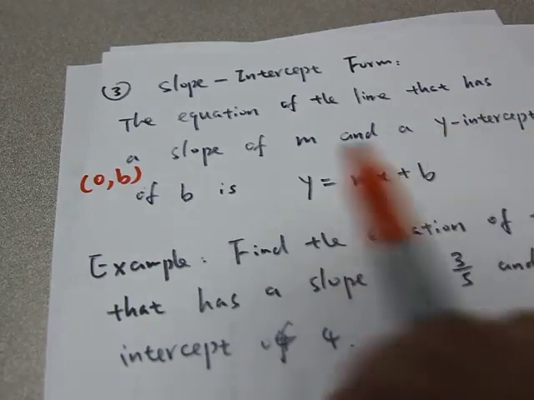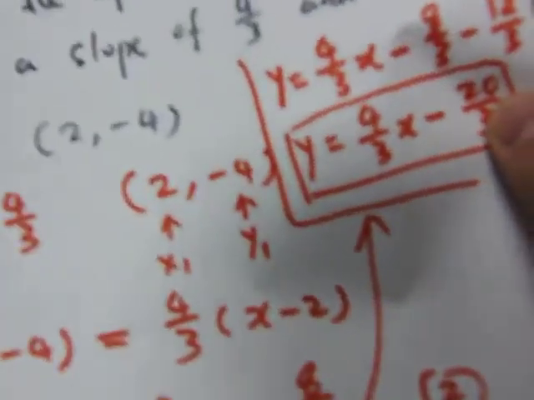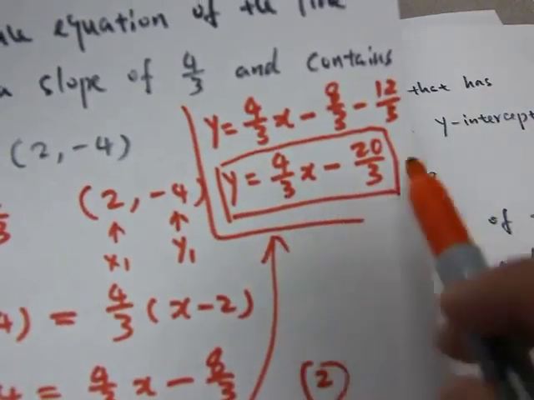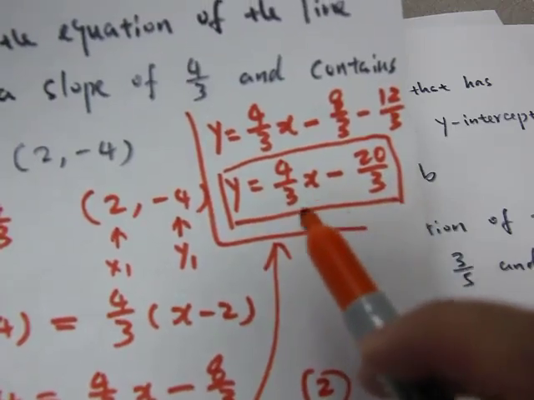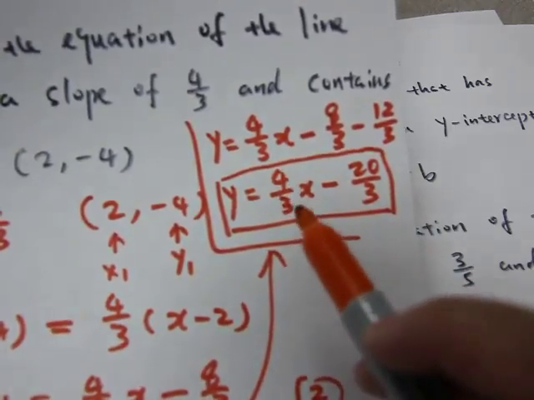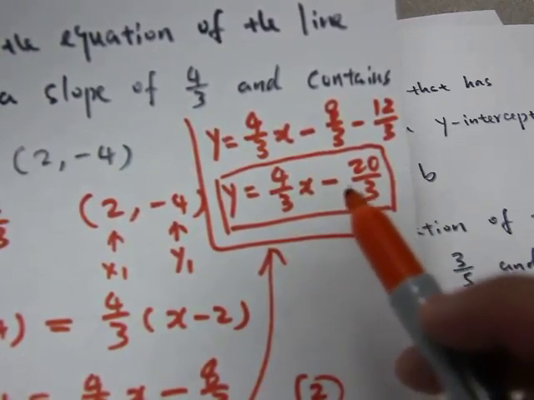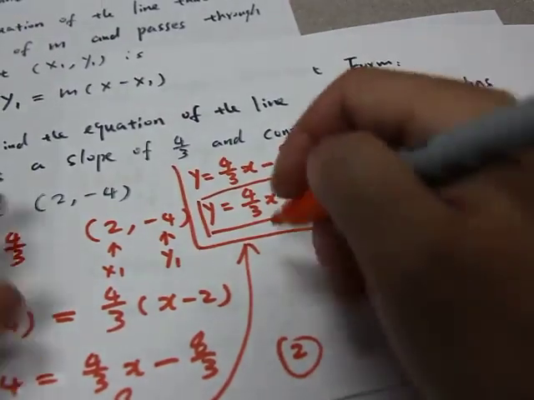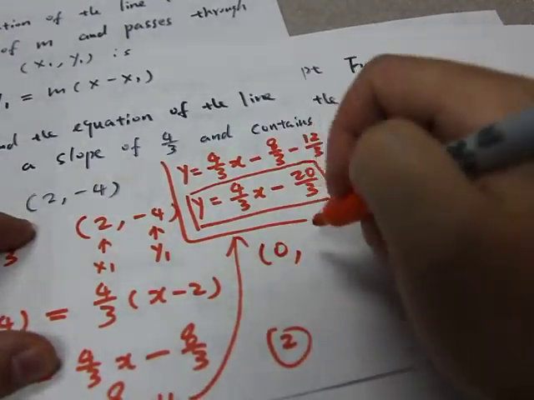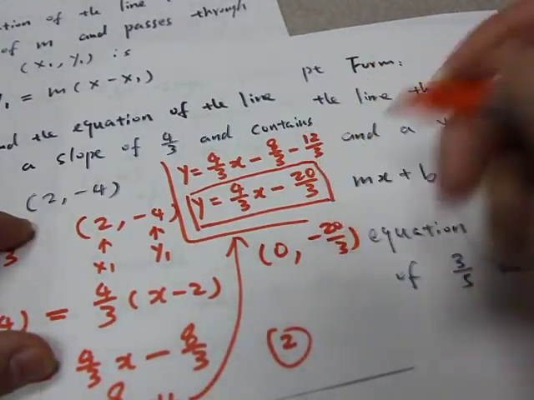So like in the previous example, if I'm given this equation, what I can see is the slope of the straight line is 4 over 3, and the y-intercept is the point (0, -20/3).